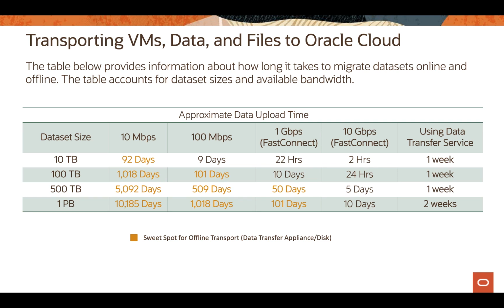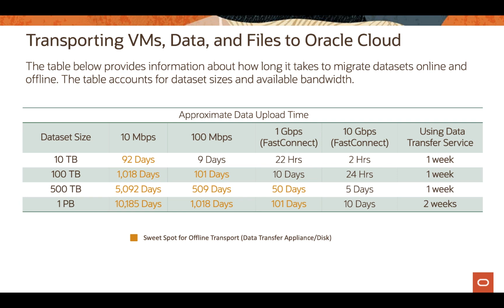If you're using 100 terabytes, which is ideal for data transfer disk, right? If you decided to send that over the internet and you have 100 megabits per second network bandwidth, that's going to take roughly 101 days to do it, right? So that's going to take a lot of time. And if you do that using data transfer services, you're going to get this done in 1 week.